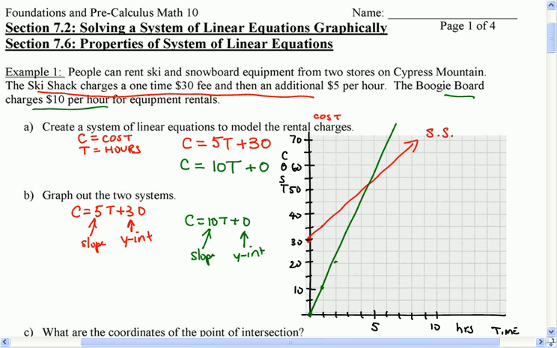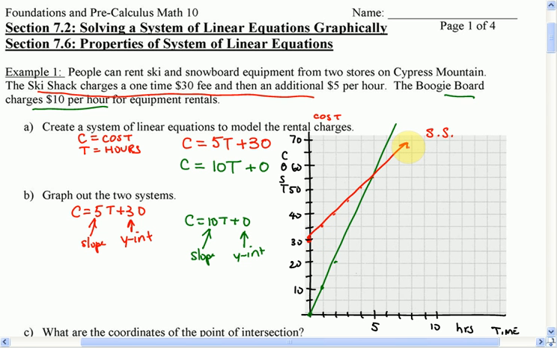I think I should draw my Ski Shack one a little bit better. So hard. You know what? I should just go like this. There we go. I'm finding it so hard to draw lines.